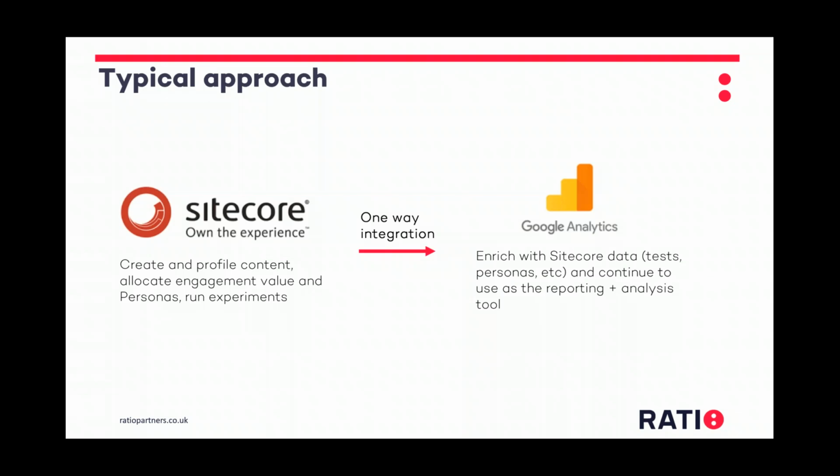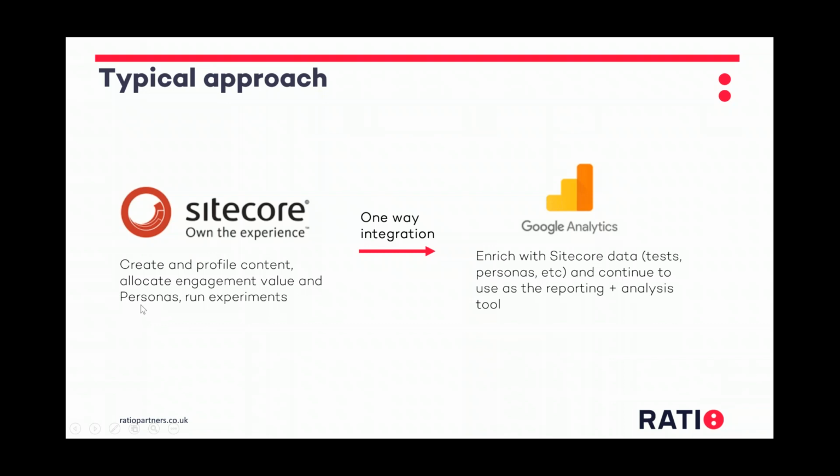What we normally suggest then, given that GA is the source of truth for your marketing data, is to let that continue to be the source of truth, and still make use of some of the Sitecore key benefits. So obviously it's a CMS, so it's where you're going to be creating, but also profiling content from the point of view of the profile cards and pattern cards and that sort of stuff. You're obviously going to use it to allocate engagement value to different goals and outcomes across your website.